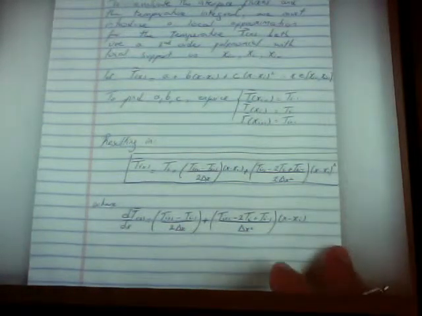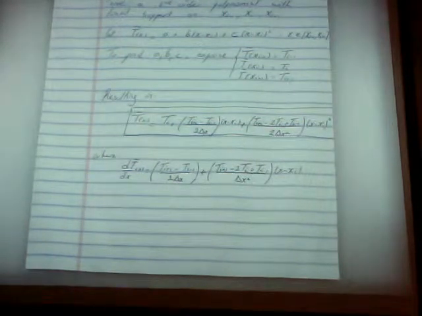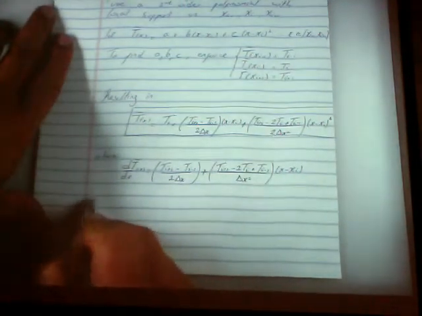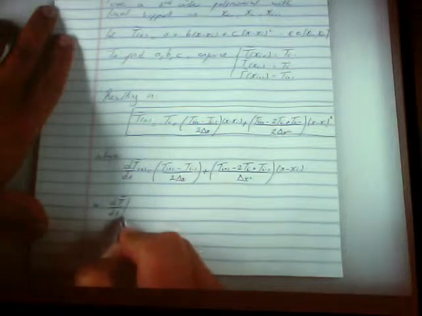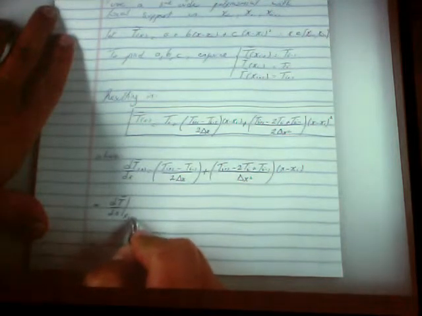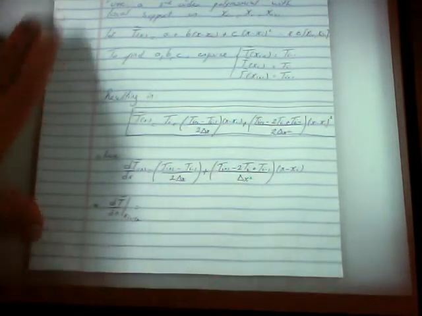So with that, we can calculate the fluxes. Flux to the right, flux to the left. Therefore, let's fit it here: dT/dx at x_{i+1/2}, for example, is equal to, well, this will stay.